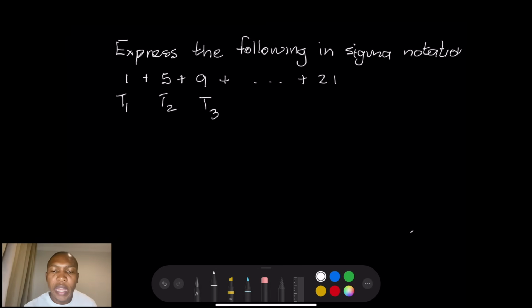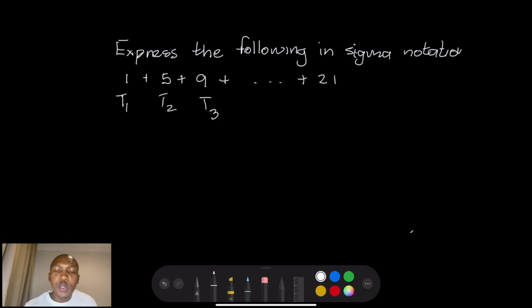So if I look at T2 minus T1, that's 5 minus 1, which is equal to 4, and that tells me that the difference between the first and the second term is 4. But if I look at term 3 minus term 2, again, that's 9 minus 5, which also gives me 4. So this tells me that this is an arithmetic sequence.